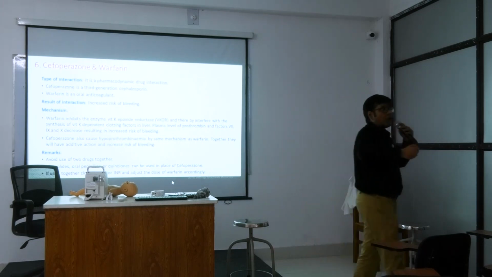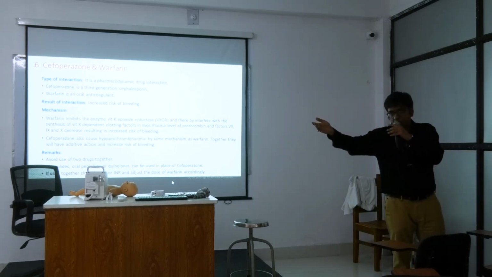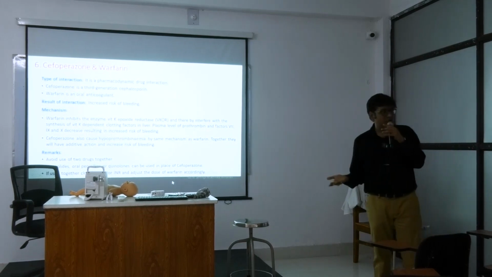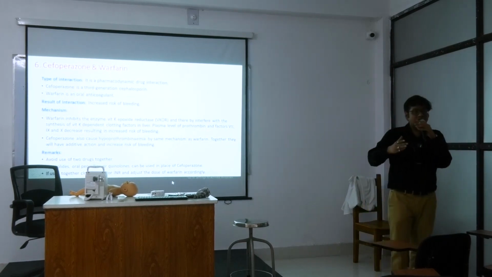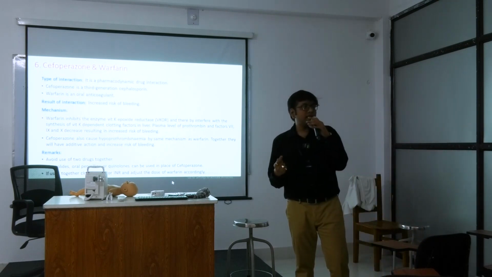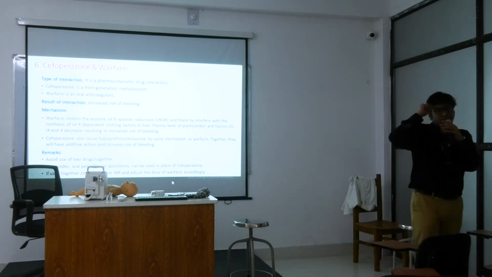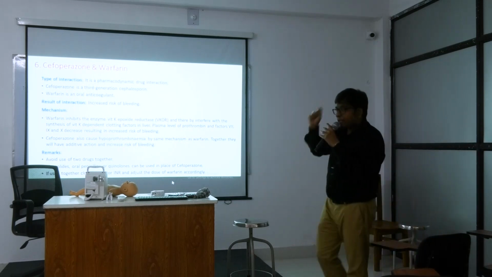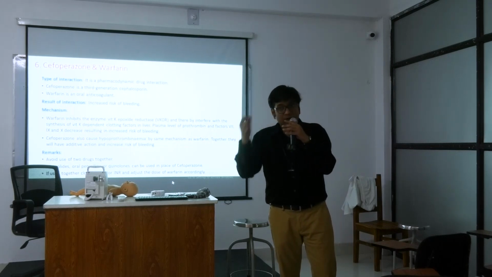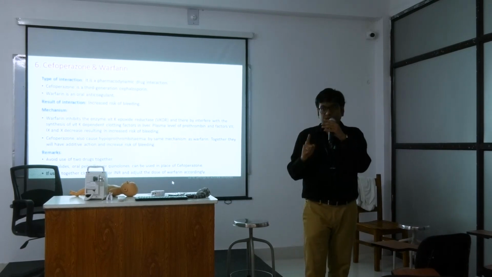And if the function of one drug is somehow affecting the function of another drug, that function may be beneficial, that function may be harmful, then that is pharmacodynamic. If you don't have this concept clear, while writing it down you will make the mistake. You may not be able to remember whether it's a pharmacokinetic or a pharmacodynamic and you will get confused.